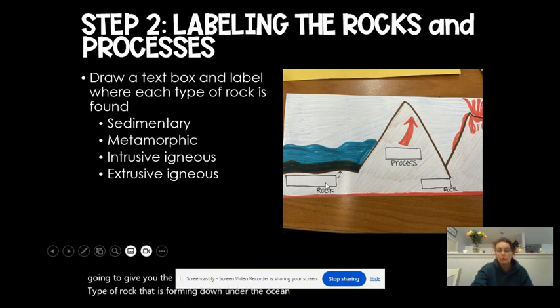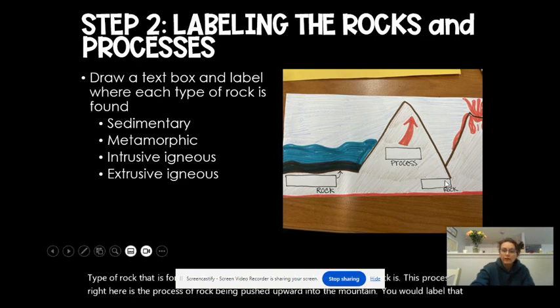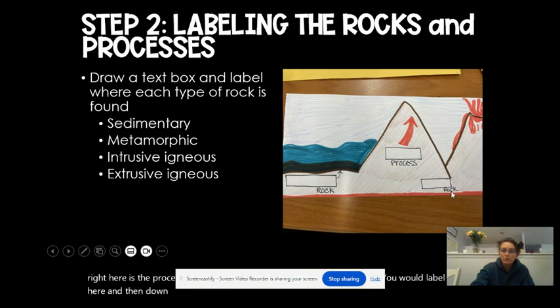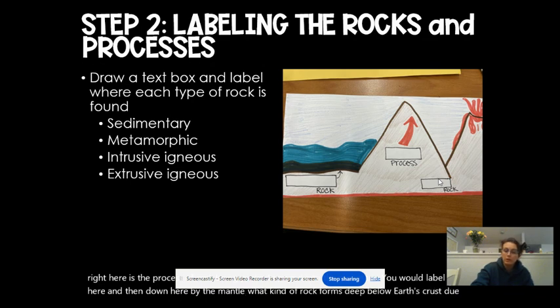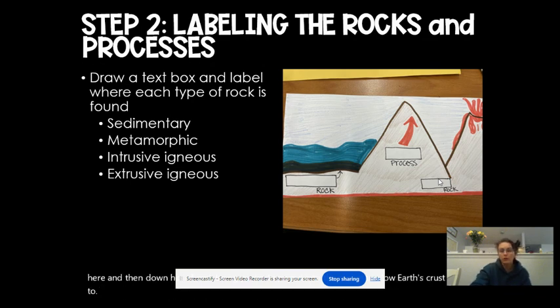You label what that rock is. This process right here is the process of rock being pushed upward into the mountain. You would label that here. And then down here by the mantle, what kind of rock forms deep below Earth's crust due to deformation? You would label that there.